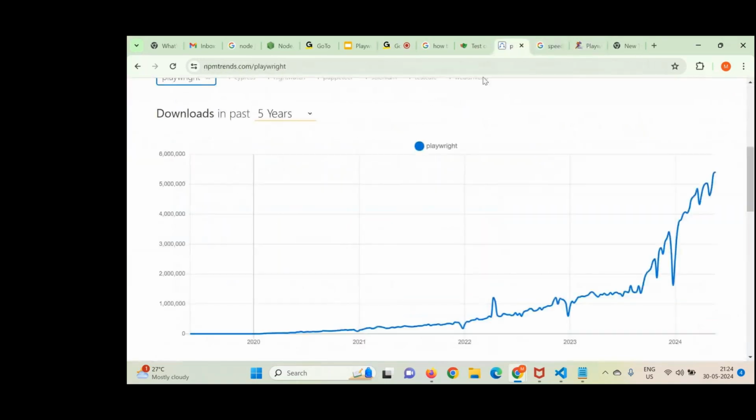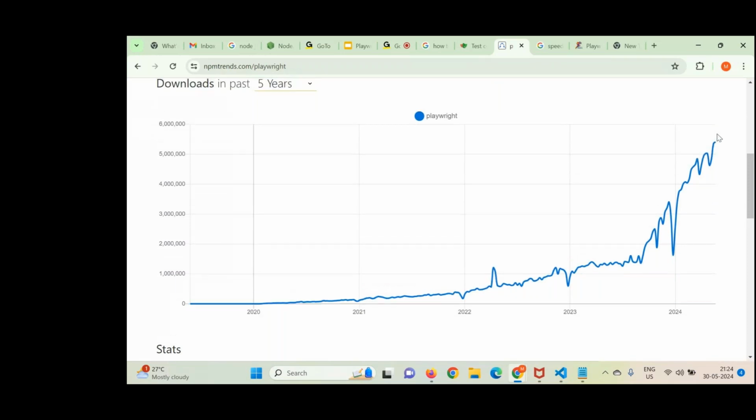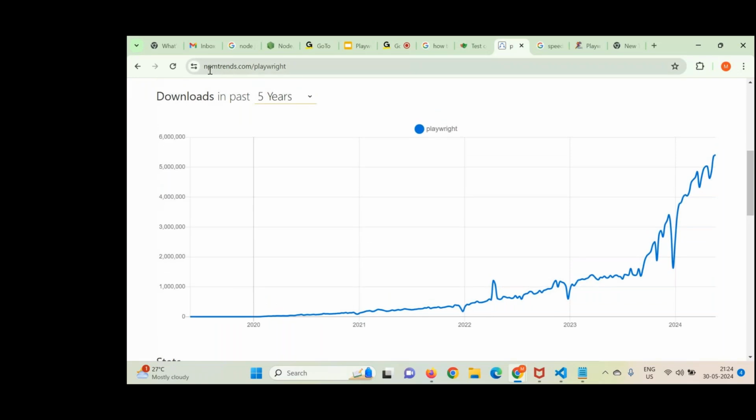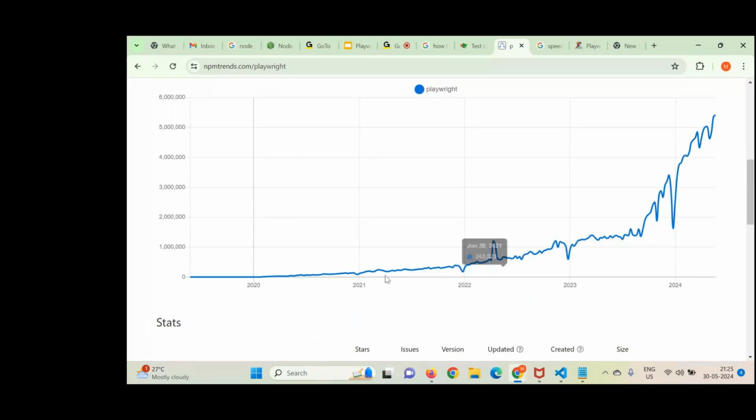If you see this graph, I hope you are able to see the screen. See the number of downloads at that time, May 26, 2019, and see the kind of downloads Playwright has now. This is the npm trend. npm is a package manager through which we download it. The number of downloads is increasing at a very high rate because of its popularity and powerful automation.